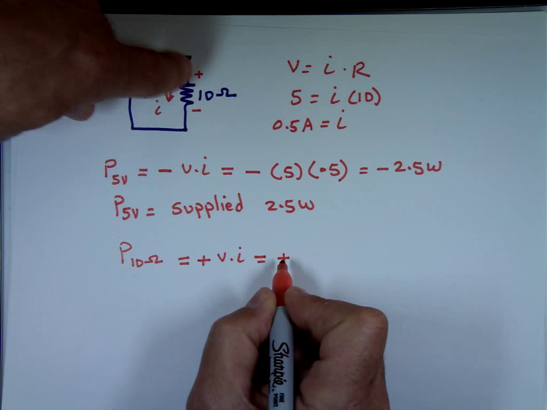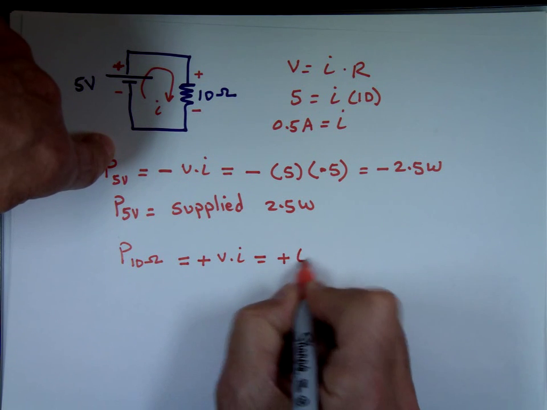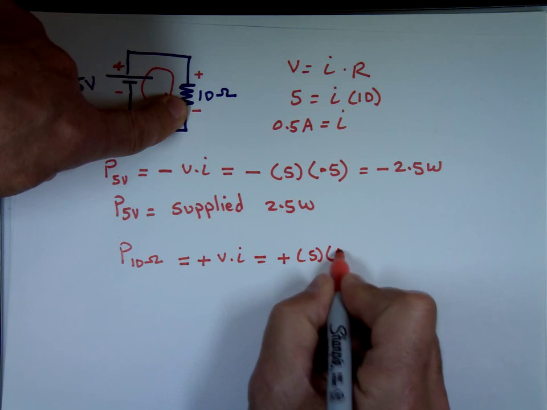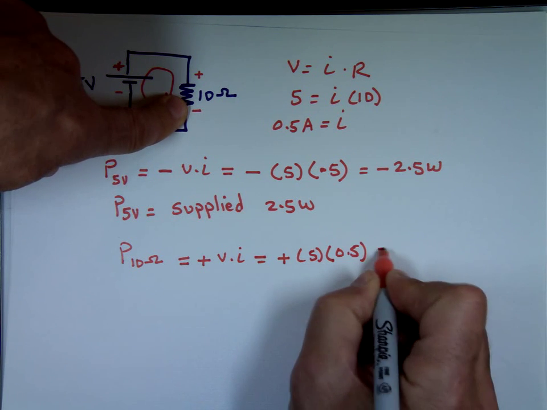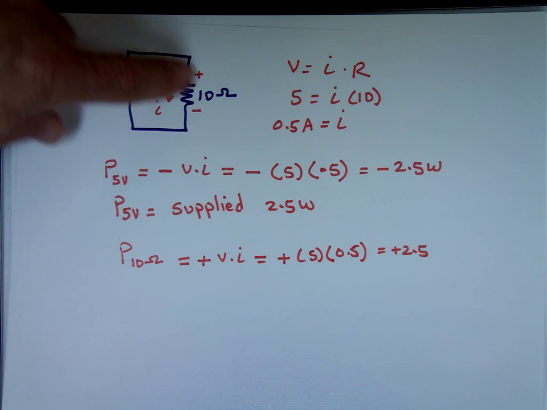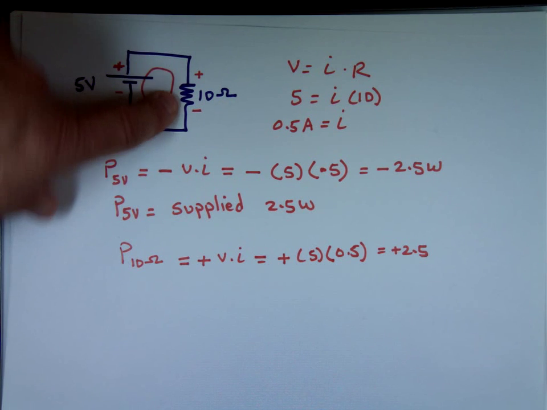Again, the voltage here is the same voltage here, it's 5 volts. And I for that is what? 0.5. Or if you don't want to use that equation, that's positive 2.5. You might say, I don't know if the voltage is really 5 here. I understand your concern.